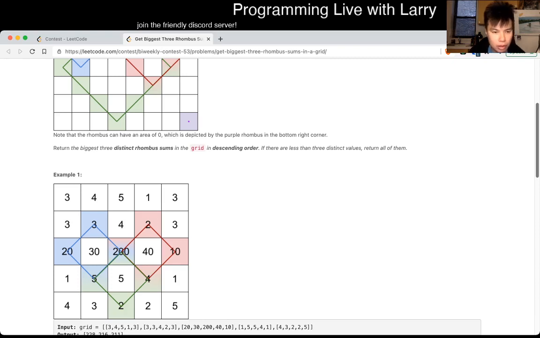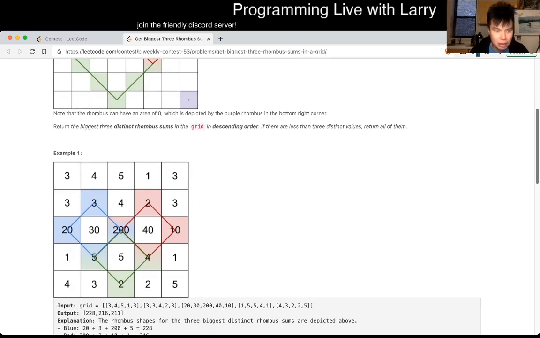So okay, that's just two different grids. This is so awkward. I'm trying to rotate them in my head.